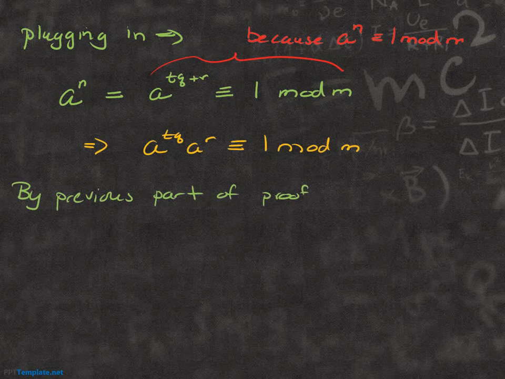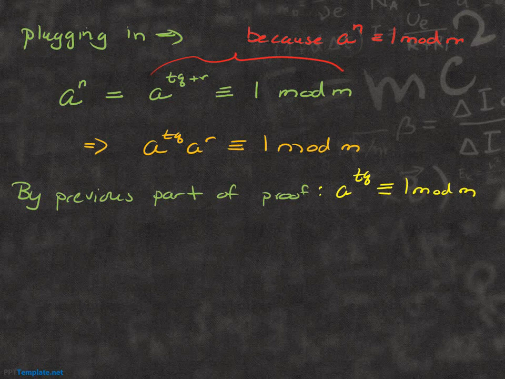I use laws of exponents, which I hope my pre-calc students remember for the test. And I get that piece right there. And now I'm done, because I know that if a to the t is 1, then a to the tq is 1 as well.